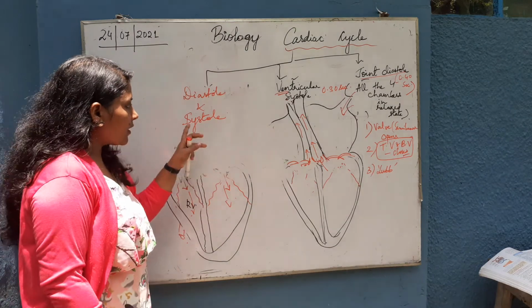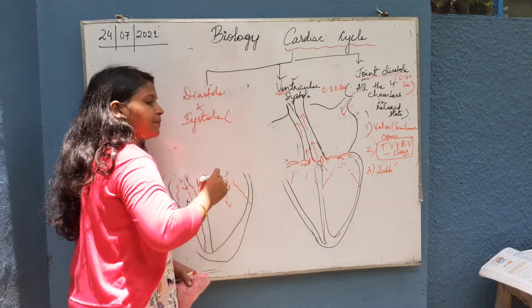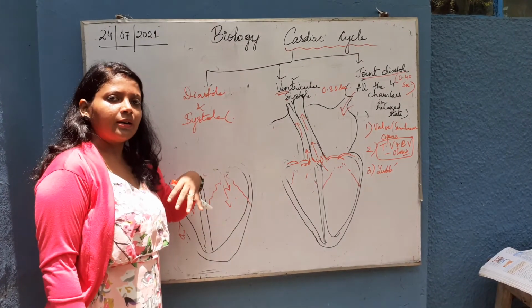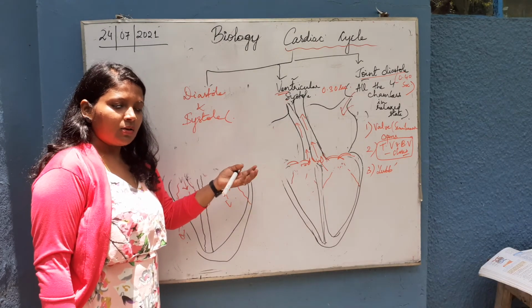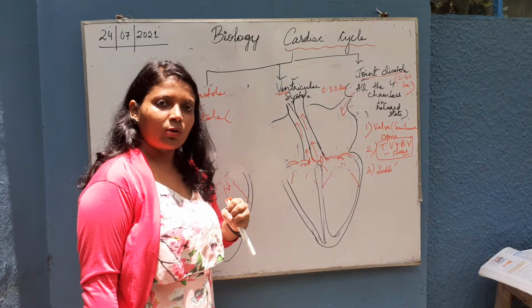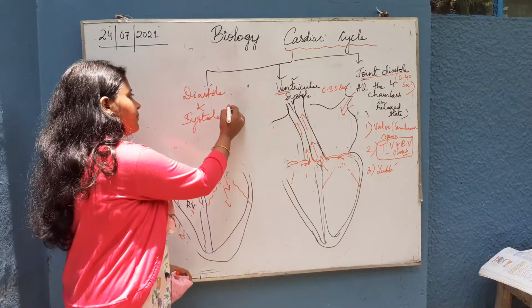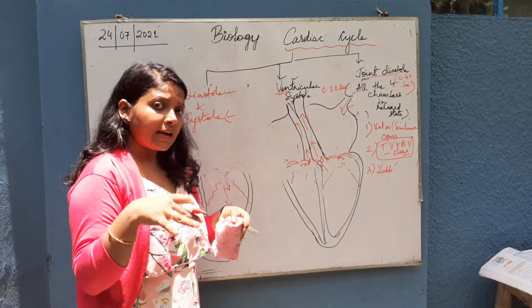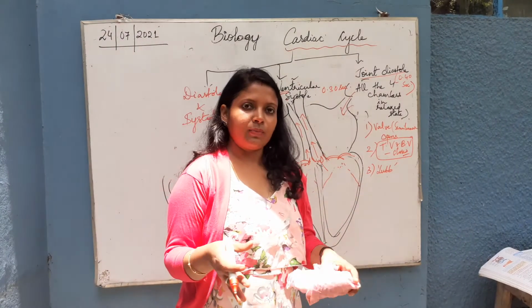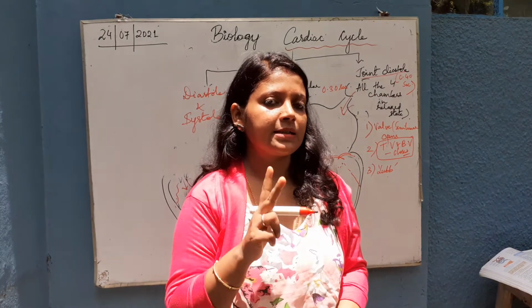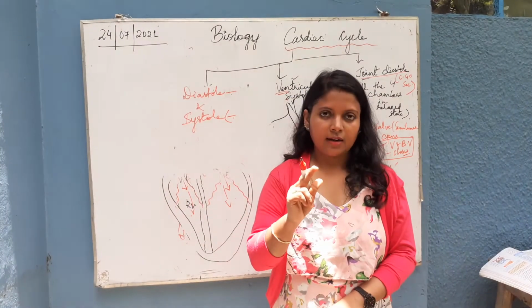So contraction of the heart takes place to push the blood into the different parts of the body. Blood has to be pumped out from the heart, that is systole, and diastole means the heart has to fill with blood from the body parts. So these two phases occur in the cardiac cycle.